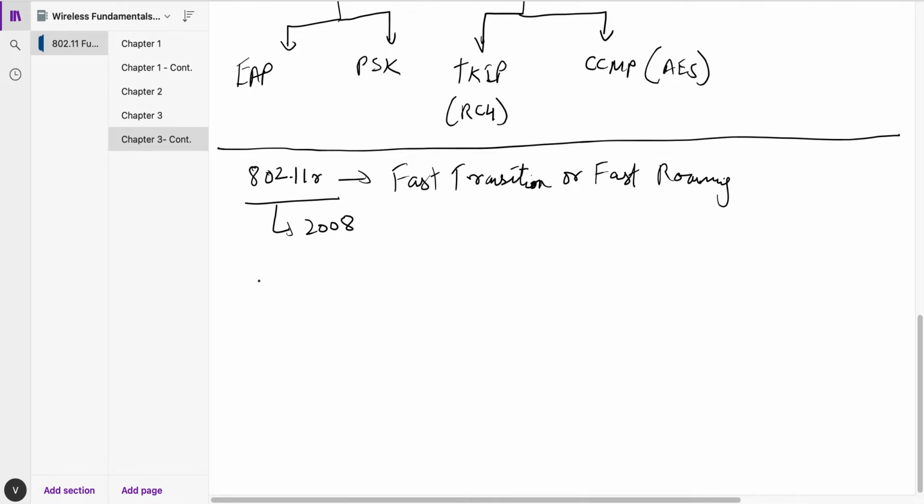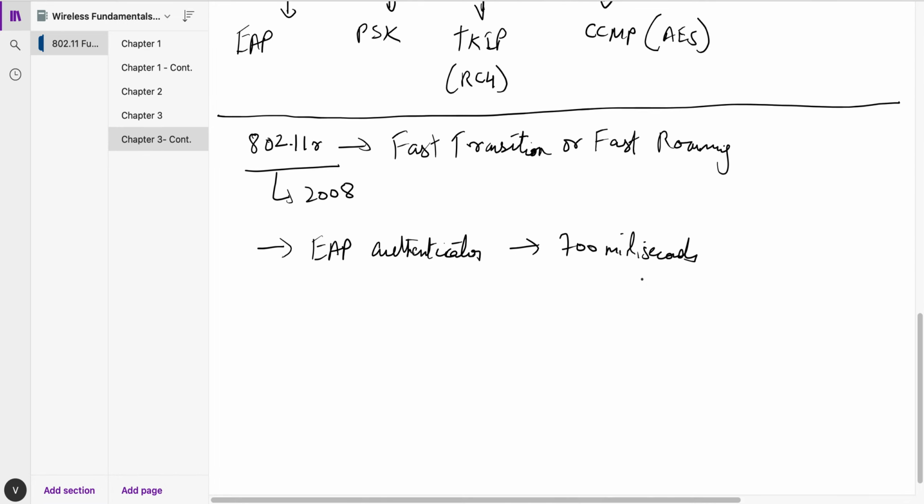Now, usually when a client does EAP authentication, it takes around 700 milliseconds to finish the authentication.